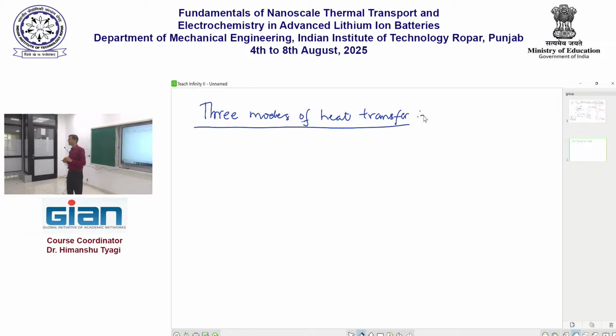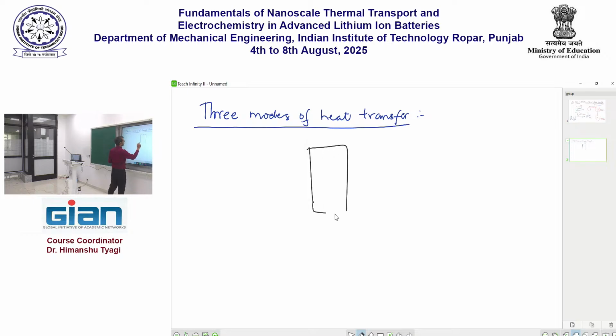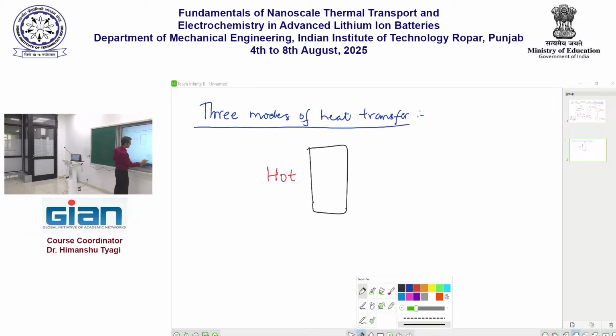The first mode of heat transfer is that if I have a body, a solid body, and if I expose it to hot surroundings on one side and cold surroundings on the other side, then heat transfer will happen from the hot side to the cold side.